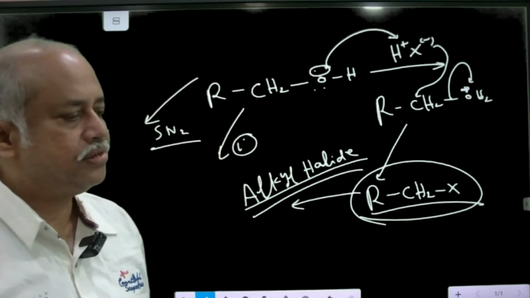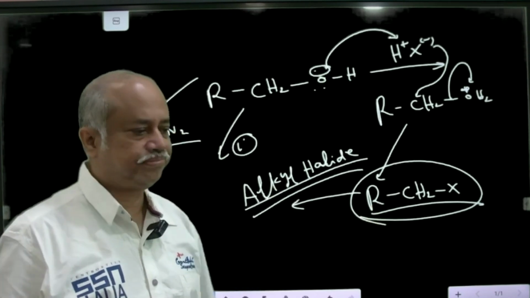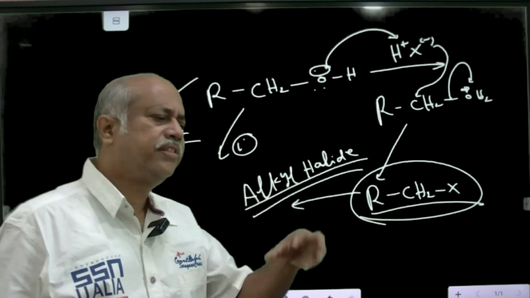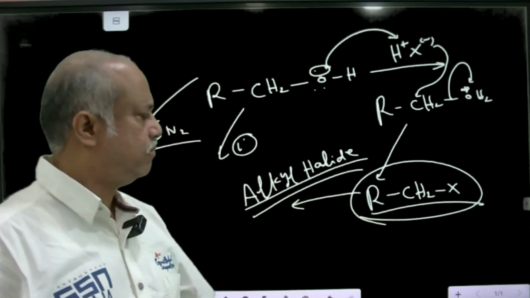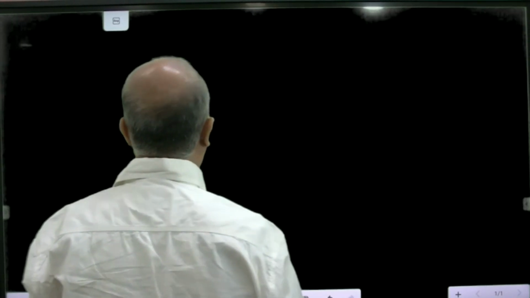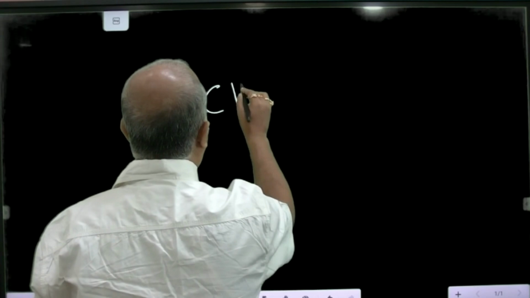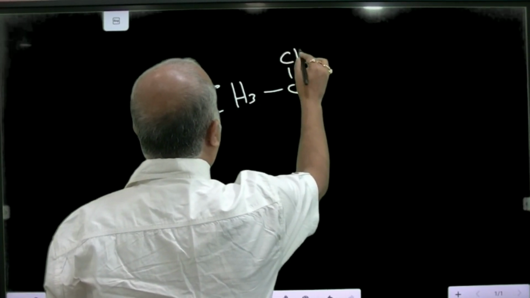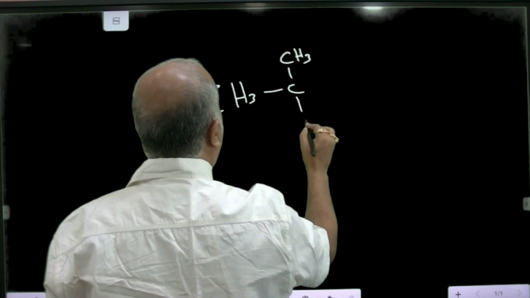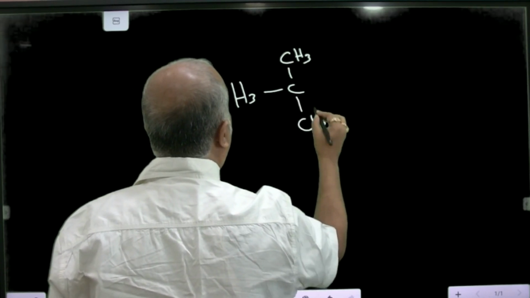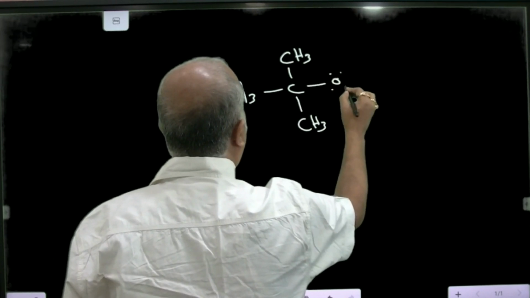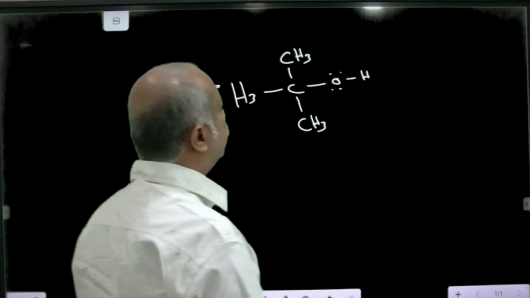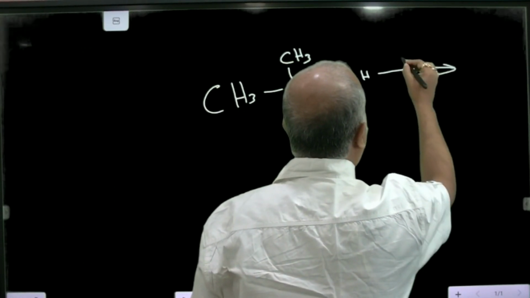Then I will take any example, either secondary or tertiary, that goes to an SN1 mechanism. And I will take this one.